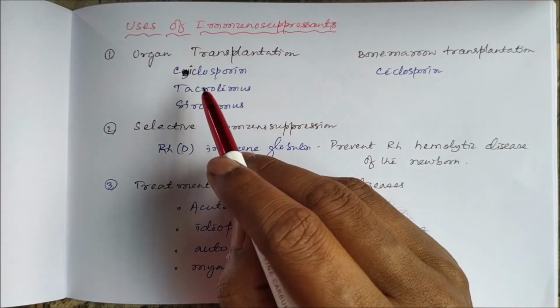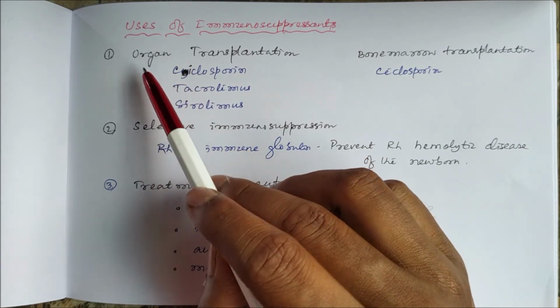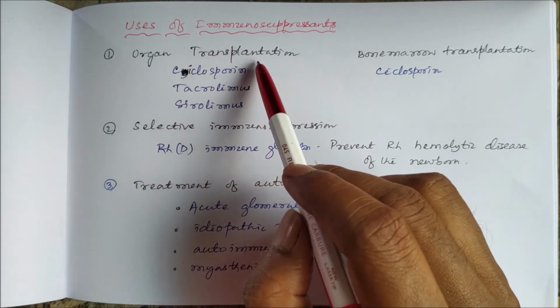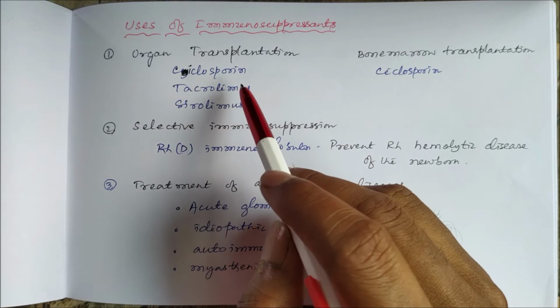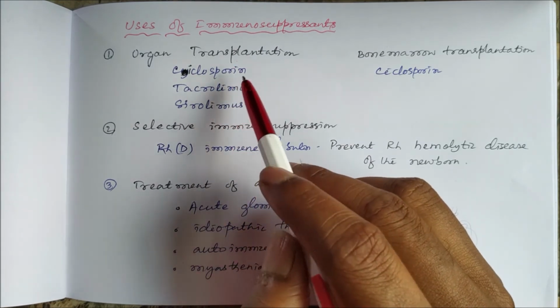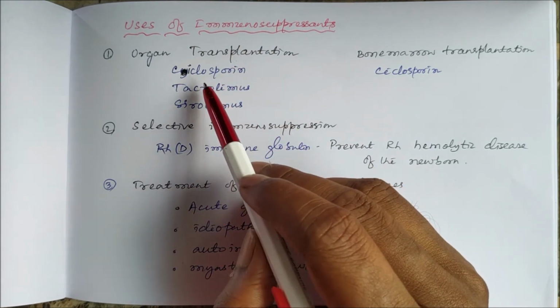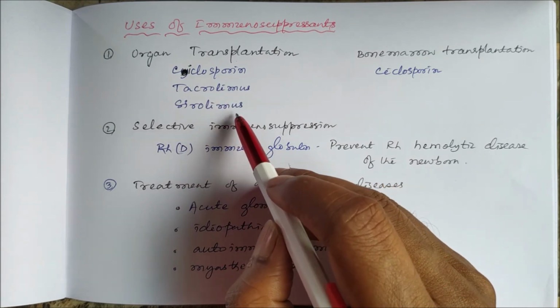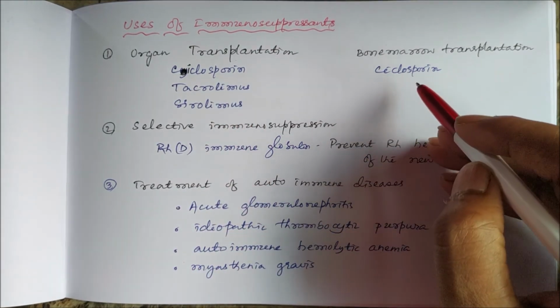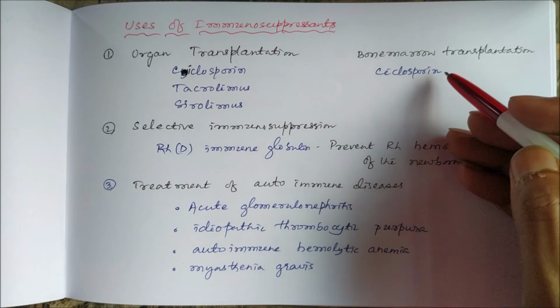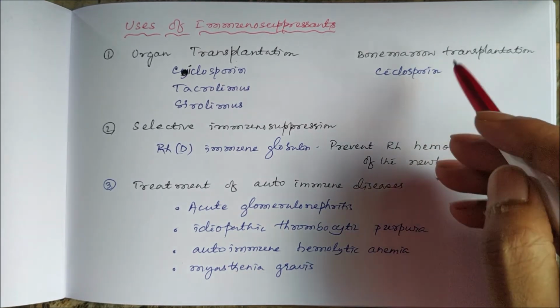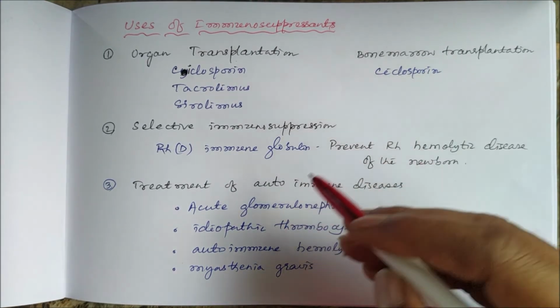Uses of immunosuppressants. Immunosuppressants can be used in organ transplantation to suppress the rejection of transplanted organs. Drugs like cyclosporin, tacrolimus, sirolimus are used. Then to suppress graft versus host disease following bone marrow transplantation, we can use drugs like cyclosporin.